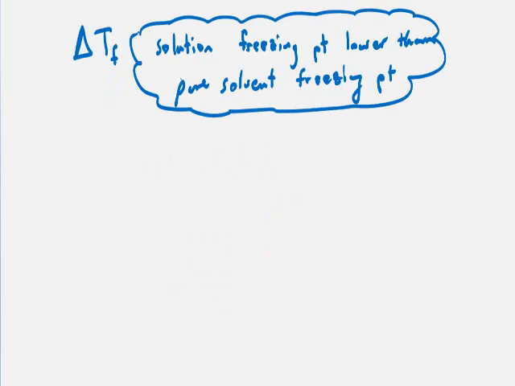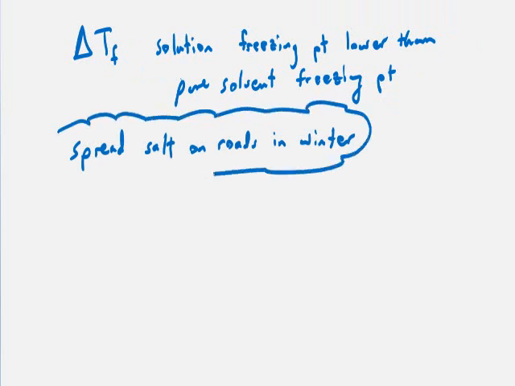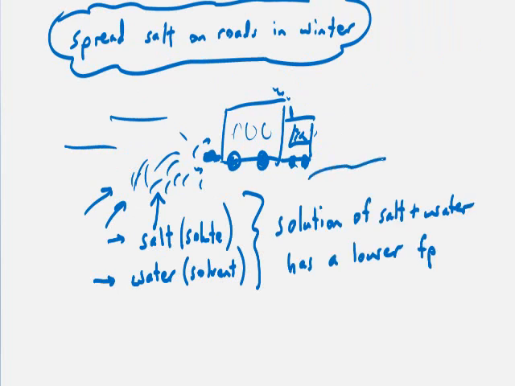Now, in Chicago, there's some pretty significant ramifications of this. Why in Chicago, why we spread salt on roads in the wintertime. When salt gets spread on the roads in the wintertime, the salt's functioning as the solute. The water, the snow and such, is the solvent.